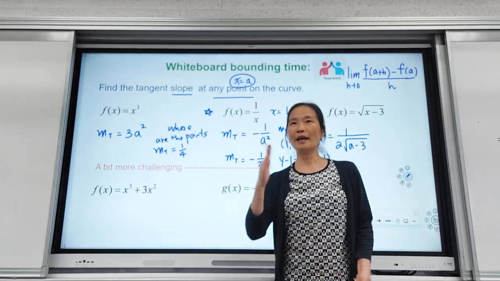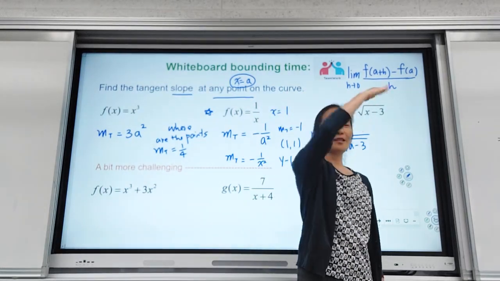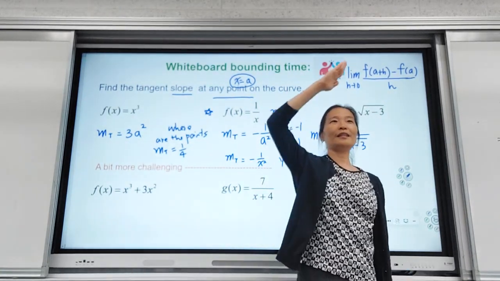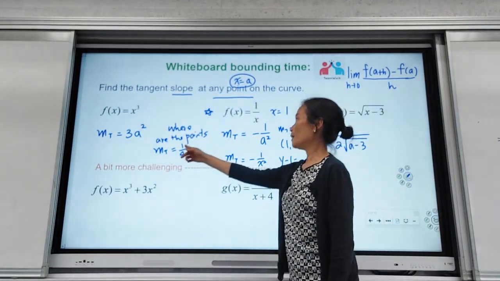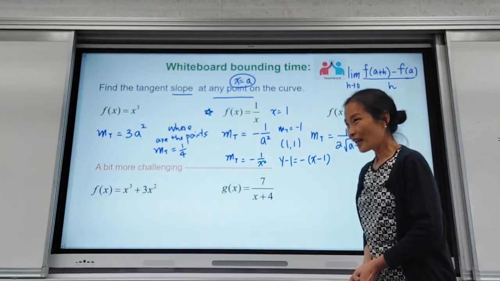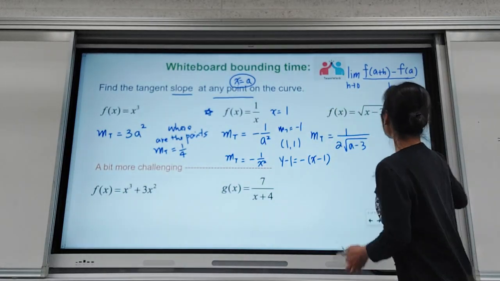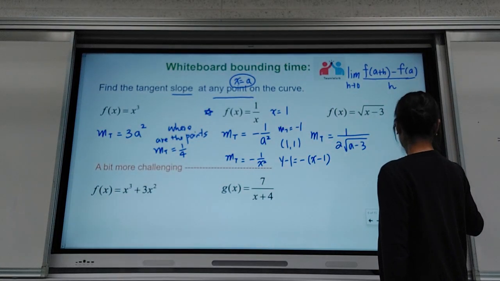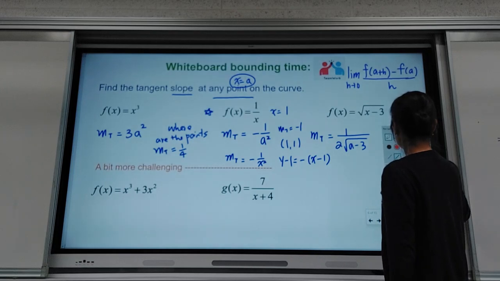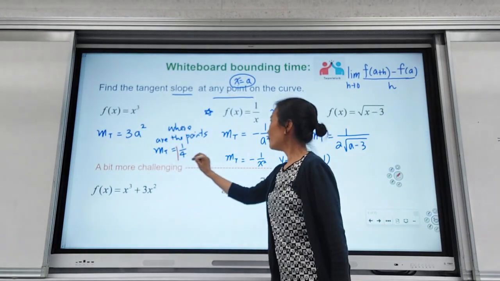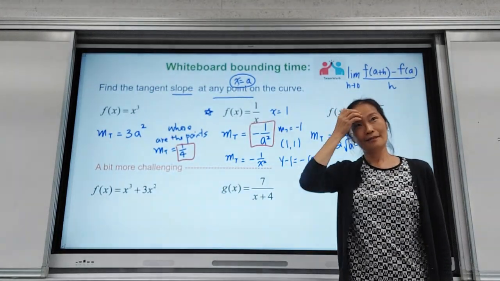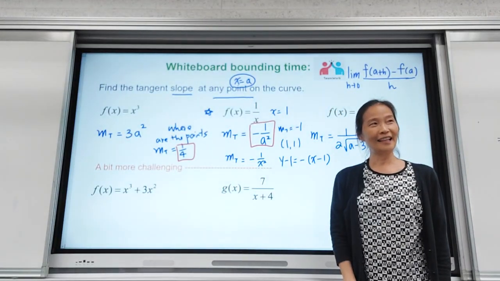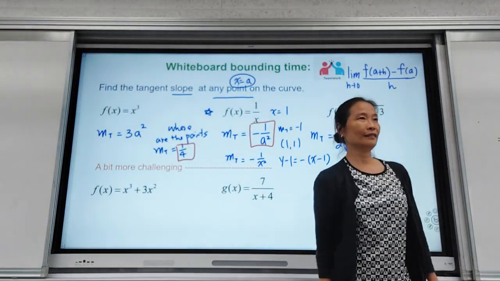As you can see, when I move from left to right, the slope changes. Sometimes it's negative, 0, positive. So when will that be positive 1/4? In this case, you will set up one-fourth is equal to this, and solve for a.